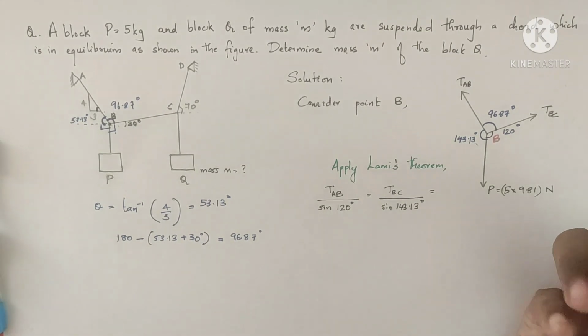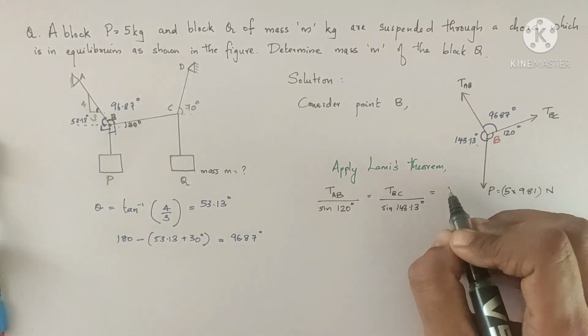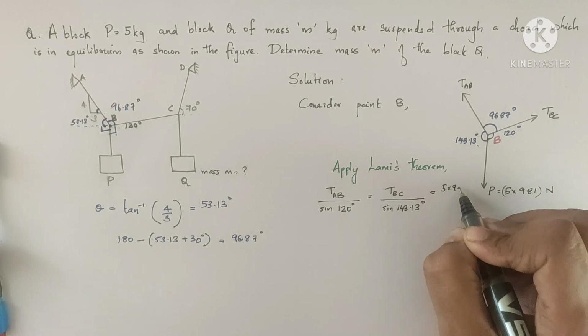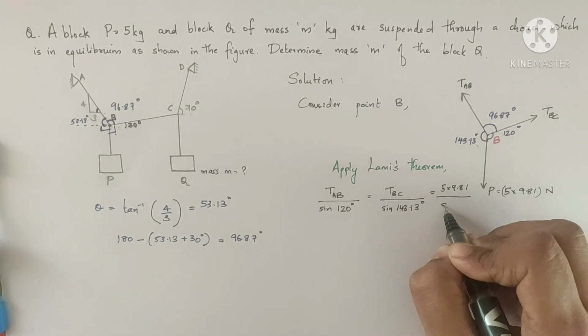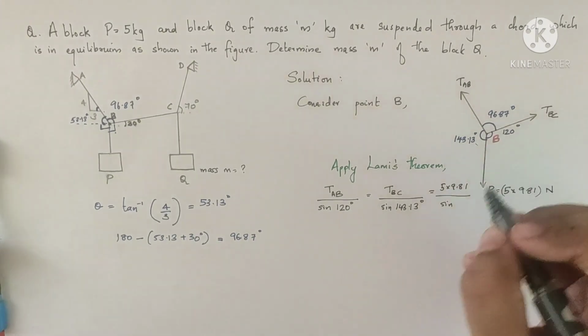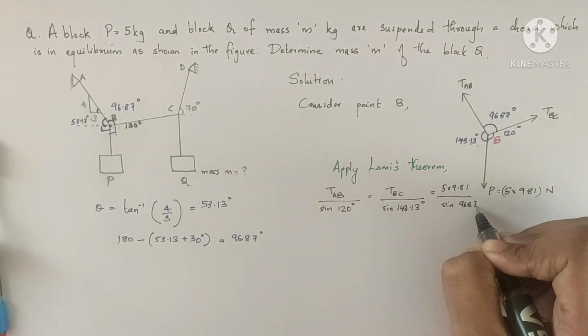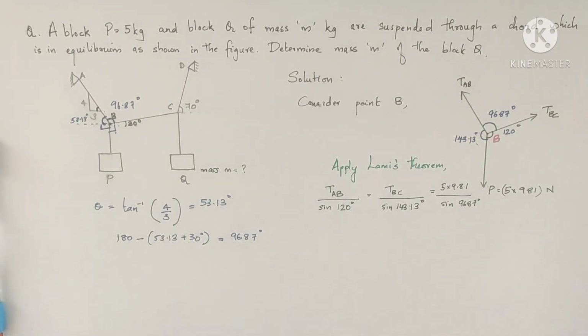Okay, and now the third force, the weight that is acting downwards, 5 into 9.81 by sine, the angle opposite to it is 96.87 degree. Okay, so we have applied Lamy's theorem at point B.